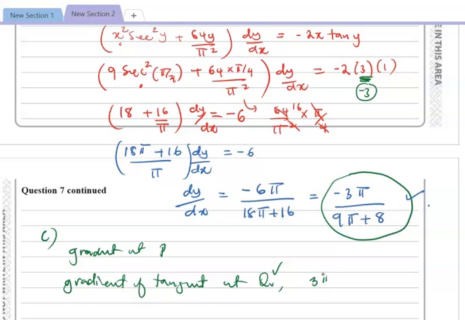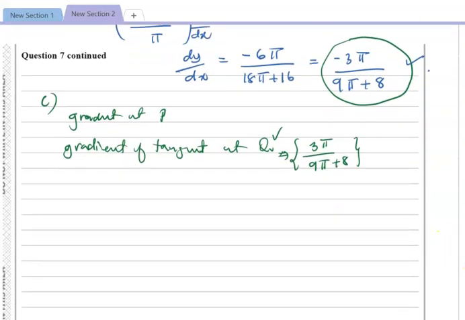It's going to be 3 pi over 9 pi plus 8. That's the only thing that's very key here. It's the same gradient, the same differentiation, but when you reach here to substitute in, at P you substitute in 3, at Q it's going to be negative 3. So the gradient is 3 pi over 9 pi plus 8.